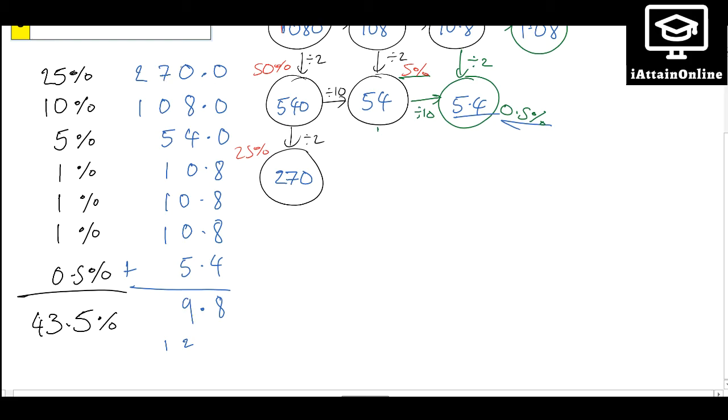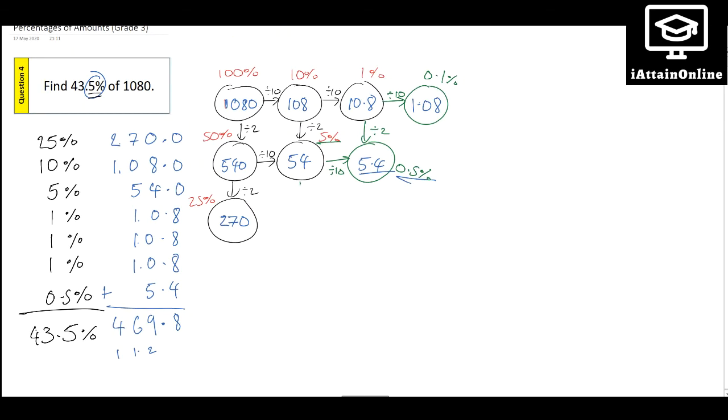Now the tens column, 7 plus 5 is 12, 13, 14, 15, 16. And then adding the hundreds column, 2 plus 1 plus that 1 is going to give me 4. So 43.5% of 1080 is 469.8.